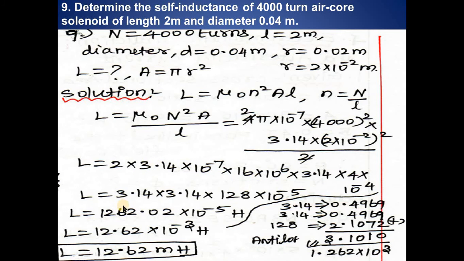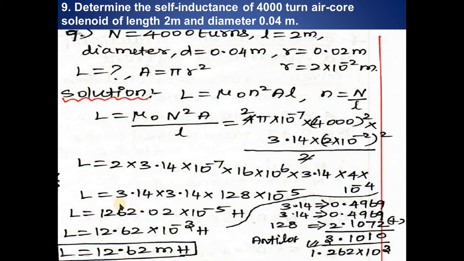So multiply these terms. 2 into 16 is 32. 32 into 4 is 128, into 10 power minus 4 minus 7 is minus 11. Minus 11 plus 6 is minus 5. So L is equal to 3.14 into 3.14 into 128 into 10 power minus 5. Multiplying these terms we get 1262.02 into 10 power minus 5 Henry.